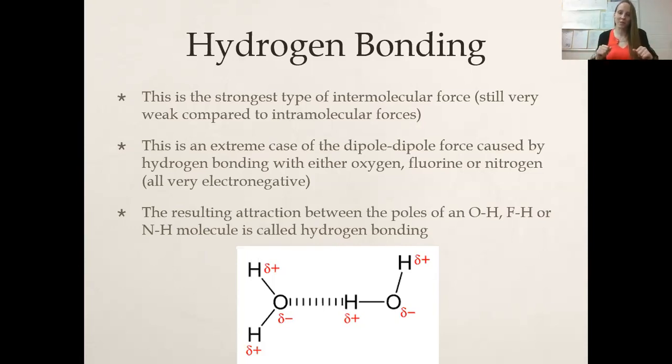So they essentially end up with a super strong version of the dipole-dipole, which is the hydrogen bond. And that happens because out of all of our non-metals, hydrogen has the lowest electronegativity. N, O, and F have the highest electronegativities. So that big difference in electronegativity makes them super duper polar.